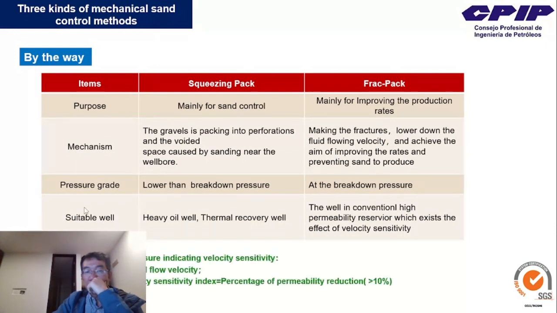The measure indicating velocity sensitivity is a critical flow velocity, and the velocity sensitivity index is the percentage of permeability reduction above 10%.